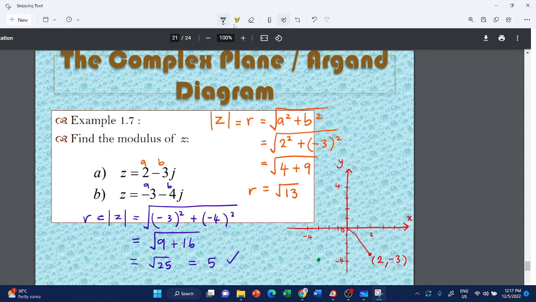Okay, the green point here is your coordinate for X negative 3 and Y negative 4. Okay, so the green line here is your radius. So the length of this radius is 5.